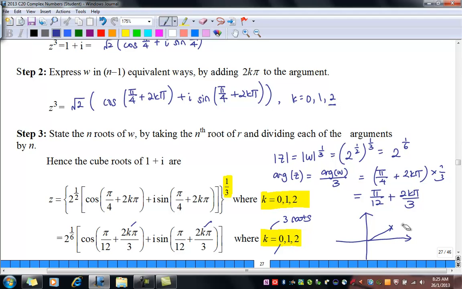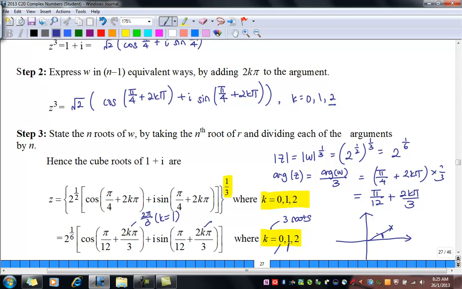Let's say this is the first root, and this angle is pi over 12. What is the next root going to be then? It's going to be at k equals 1. That means it's going to be pi over 12 plus 2 pi over 3. 2 pi over 3 is actually 120 degrees.